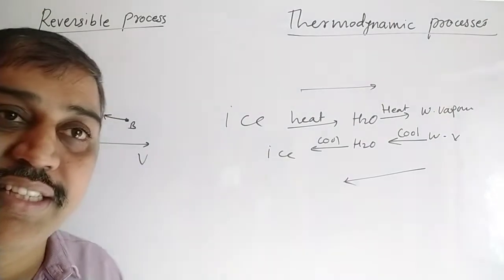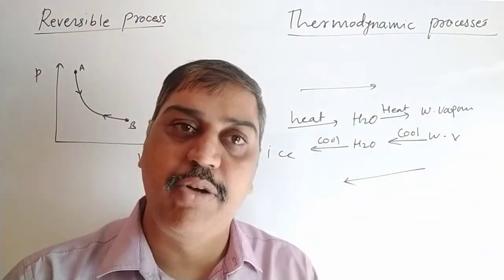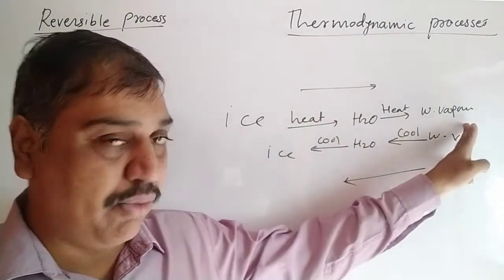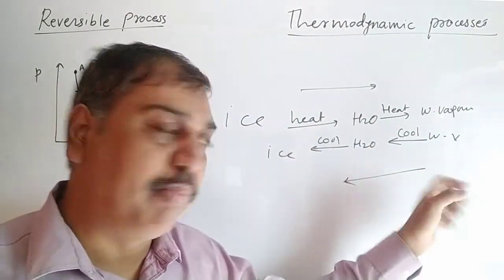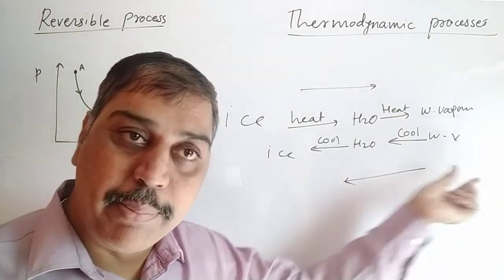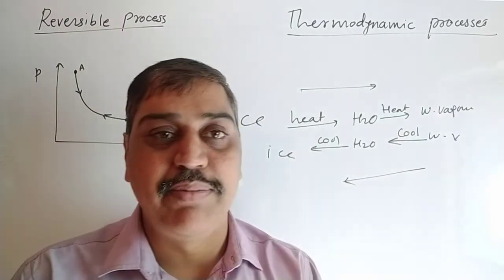Such processes which go in the forward as well as the reverse direction are said to be reversible processes. They can go from ice to water vapor by providing heat. If we remove the heat and provide cooling, the same process reverses, water vapor to ice, and such processes are said to be reversible processes.